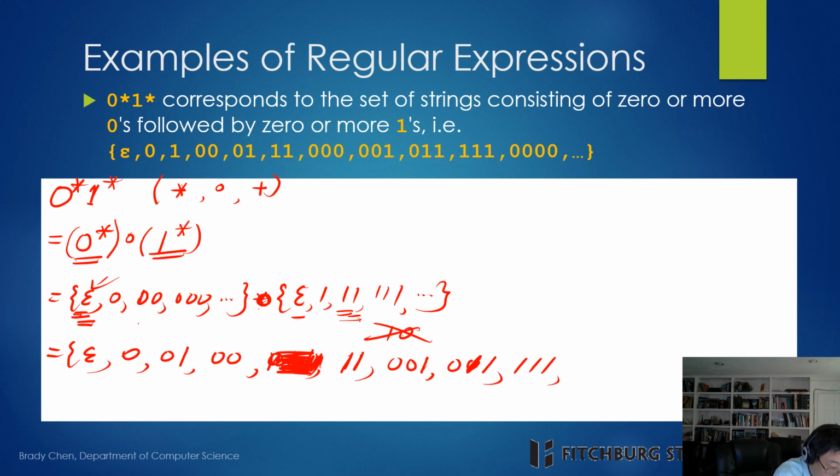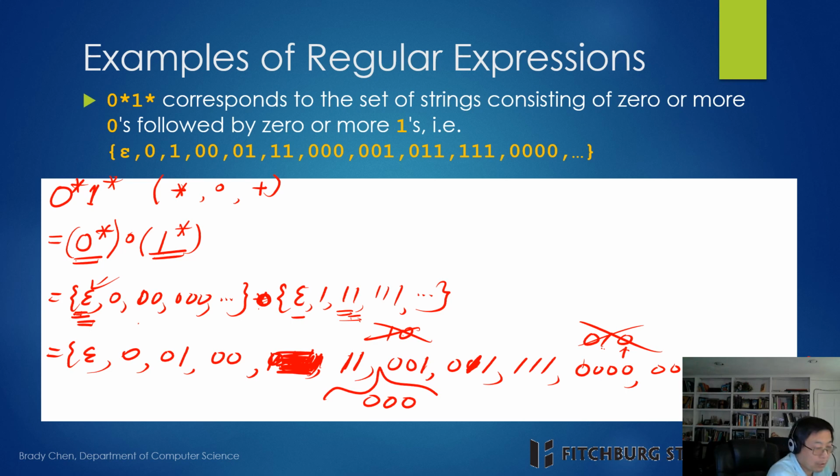Can we have 010? No, because that 0 comes after 1. This is not going to happen. Oh, we missed 000, and also 0001, 0011.